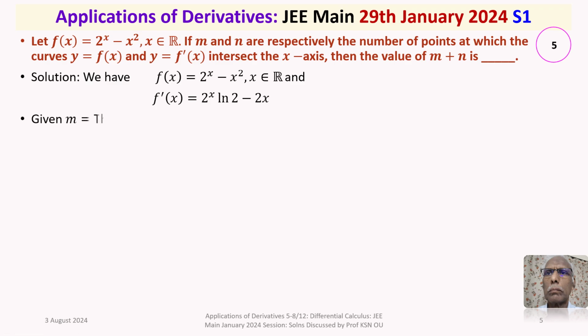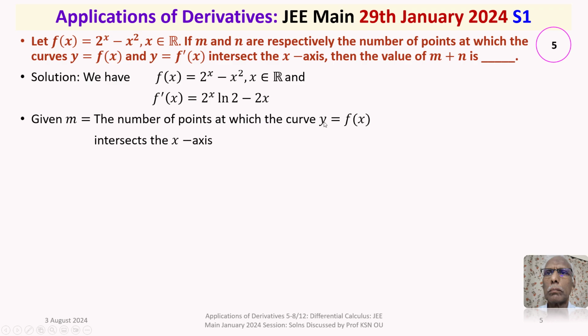Agreed. Now, given m is the number of points at which the curve y is equal to f of x intersects the x-axis. It intersects the x-axis means y must be 0. Right.